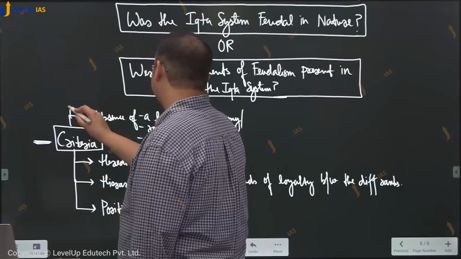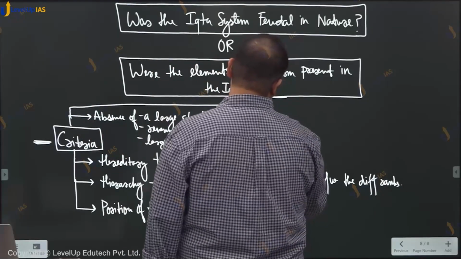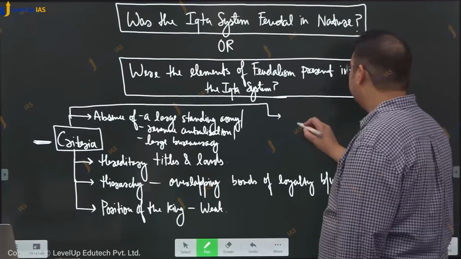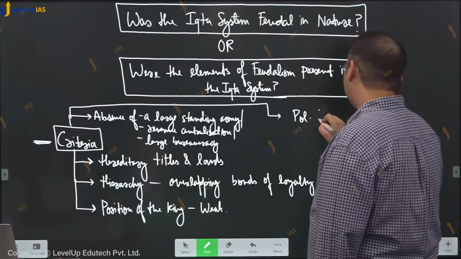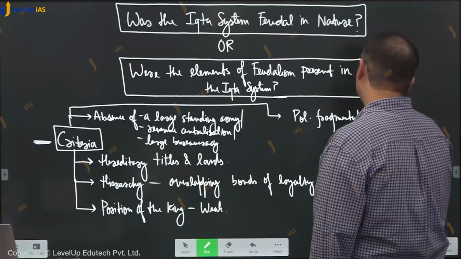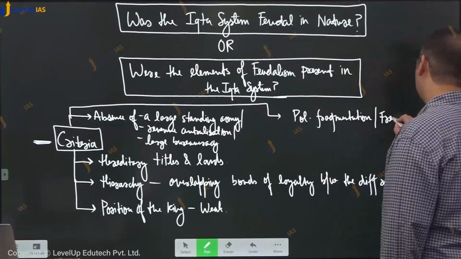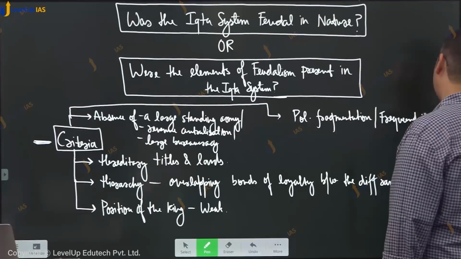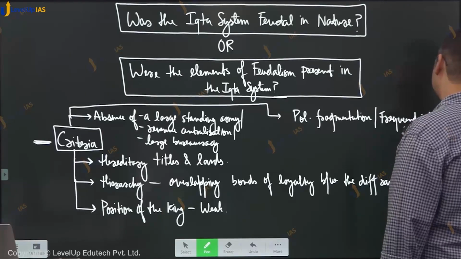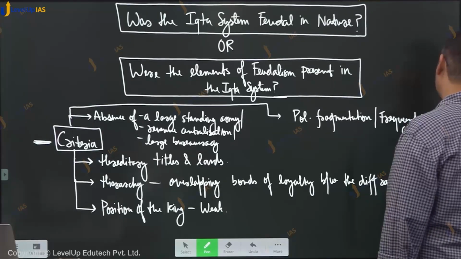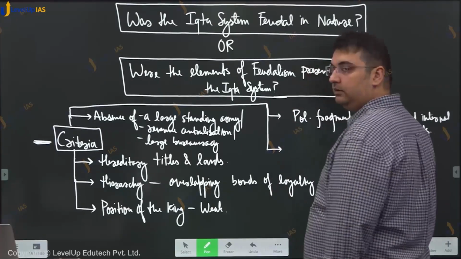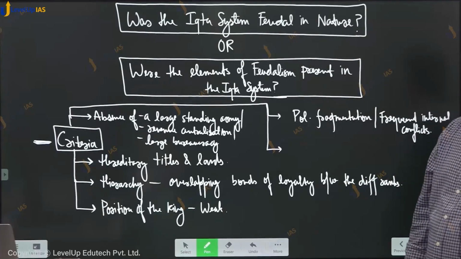Moreover, feudalism is often associated with political fragmentation, and frequent internal conflicts. Thus preparing the grounds for what kind of an economy?